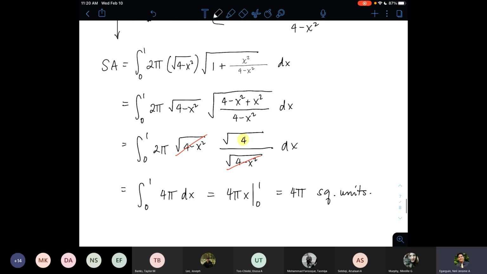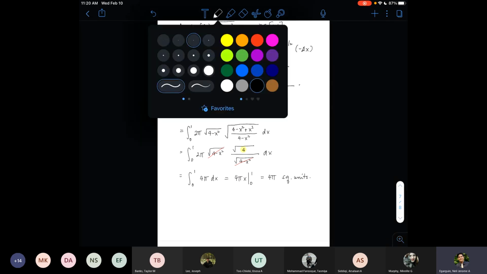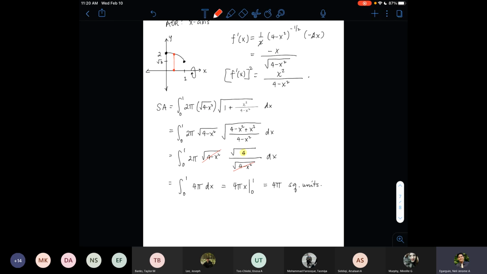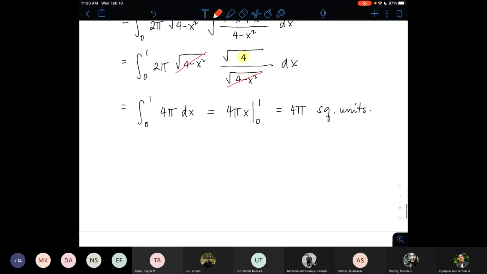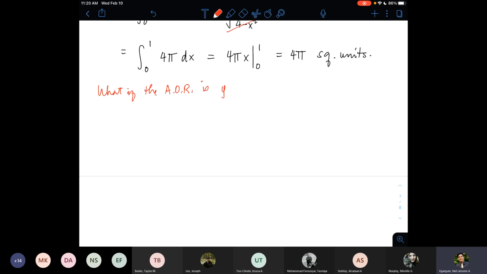But let's play a little bit with this problem and say, what if the AOR is different from the x-axis? Say it's y equals -1, for instance.